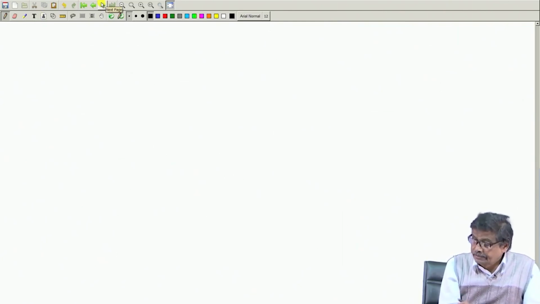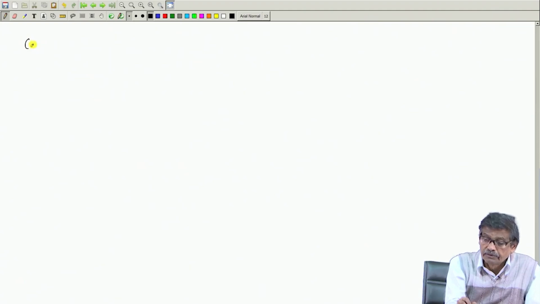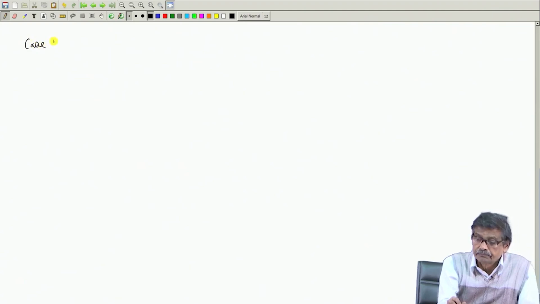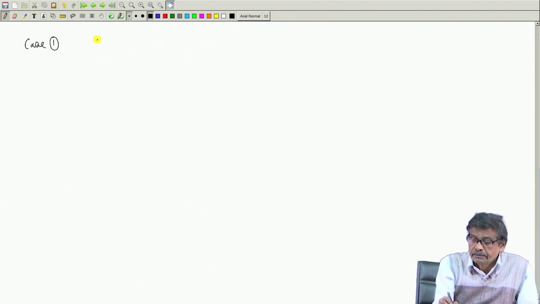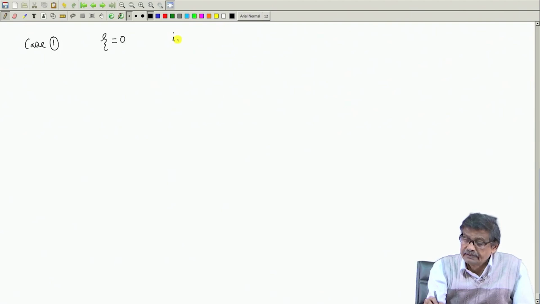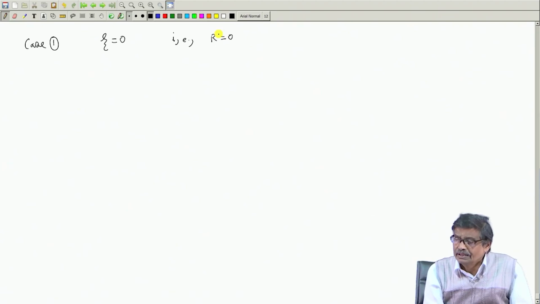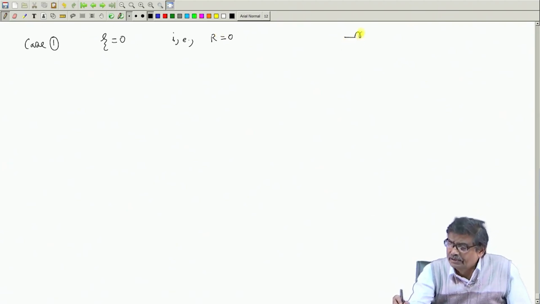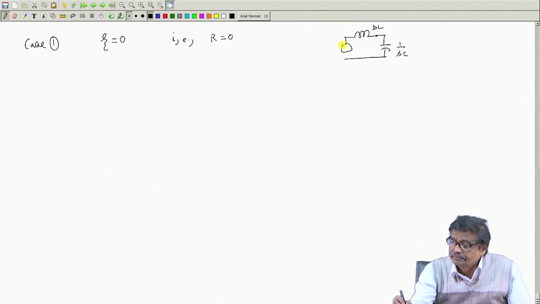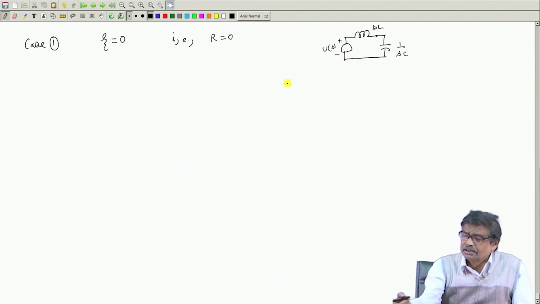So, first case is case 1, zeta is equal to 0, that is, R, the resistance of the circuit, is 0. In that case, I could do it separately, that is only SL and 1 over SC, and then this is IS, this is ES. But I am not going to do that, because I have already done it.